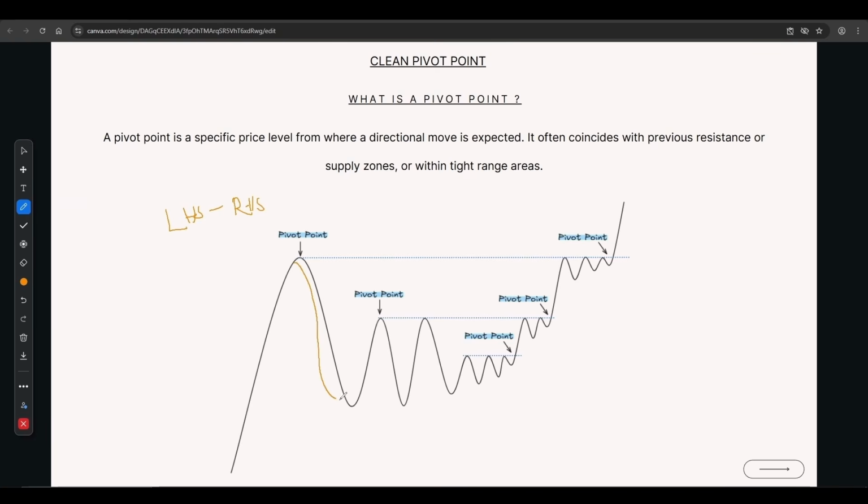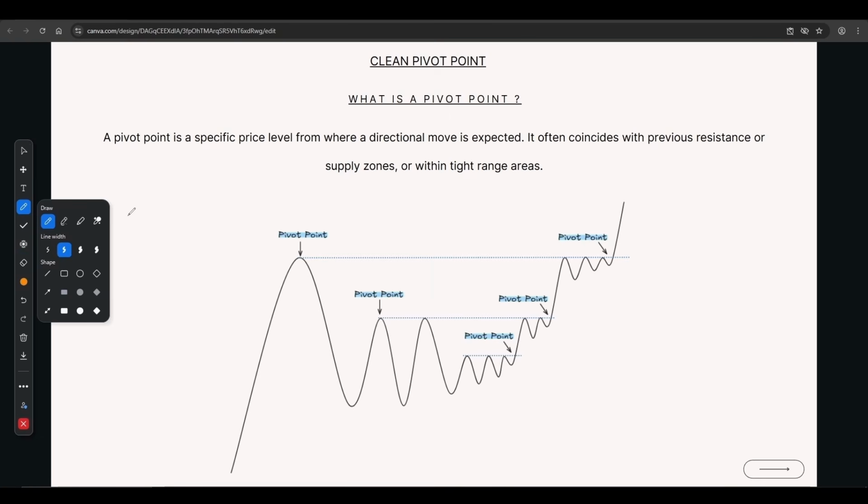But after this has happened, after the profit booking phase and the sideways phase has happened, whenever it starts to move up, it should make a clean higher high and higher low throughout this whole phase. What this means is that we won't be getting multiple selling pressure zones.